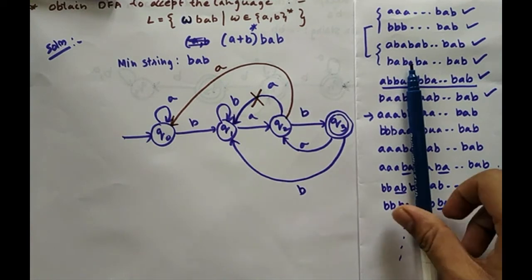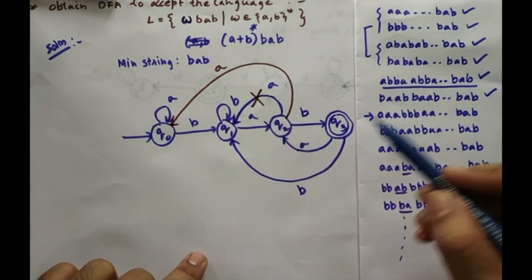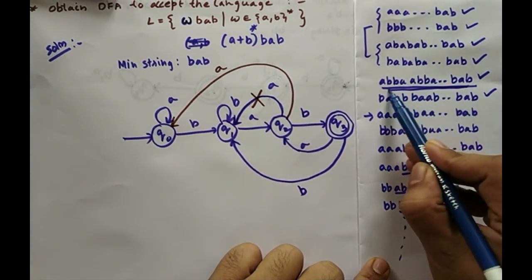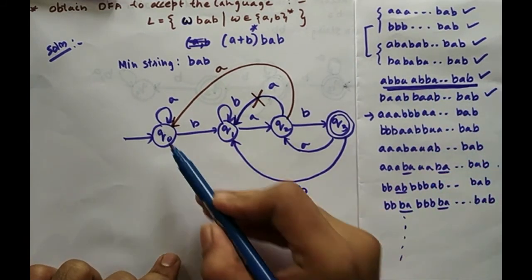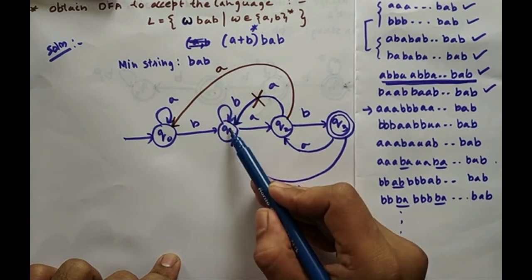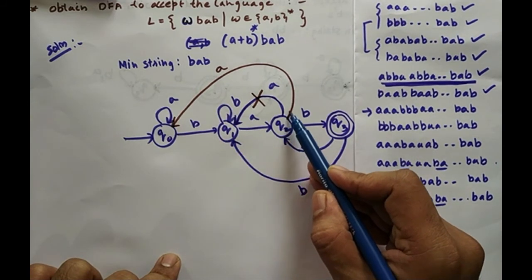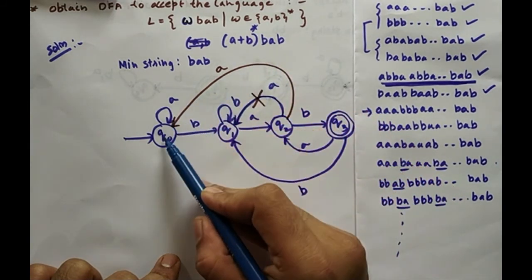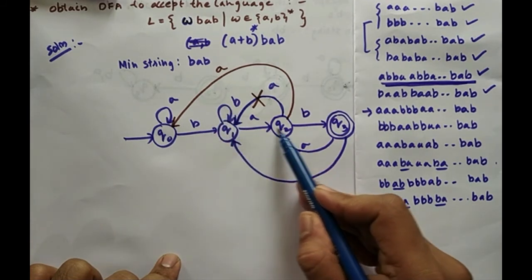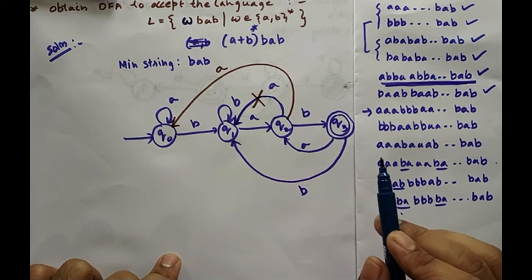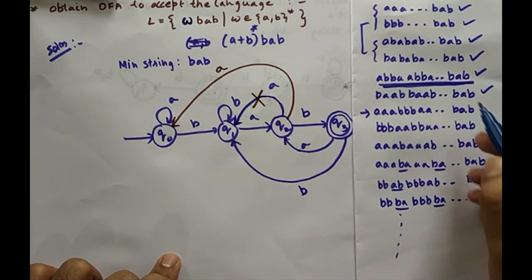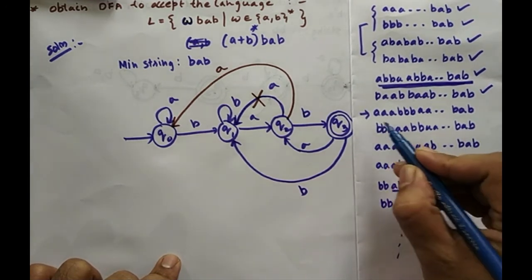Now if that happens, will it affect the string which I had earlier considered? ABBA, ABBA, BAB, just check. A, B, B, A. Now with A the transition will come here: A, B, B, A, B, A, B. The transition is not affected. But is it also solving the string where we were getting stuck earlier?